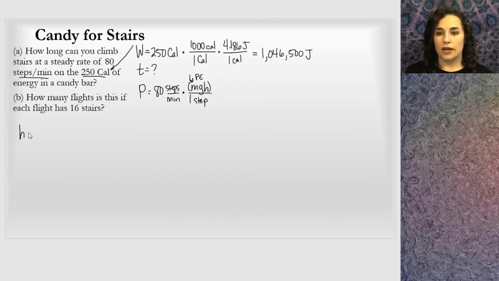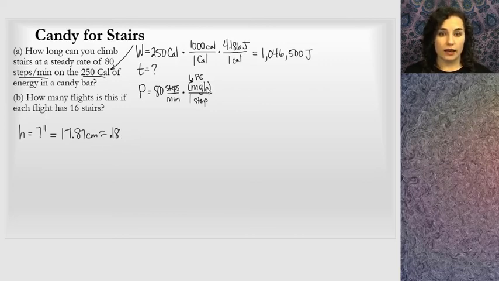I did a little bit of research. The typical height for a step is 7 inches. And when you multiply that by 2.54 centimeters per inch, you get about 17.87 centimeters, which I rounded to about 18 centimeters, which is 0.18 meters.